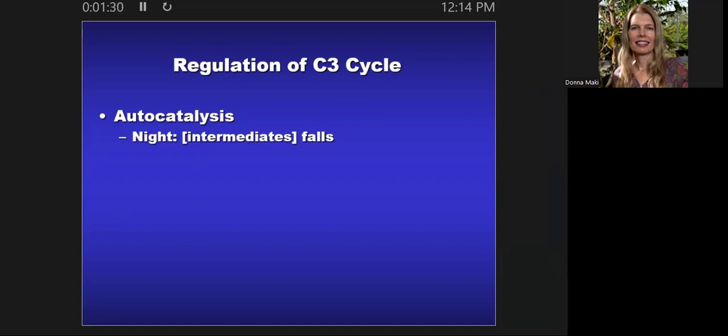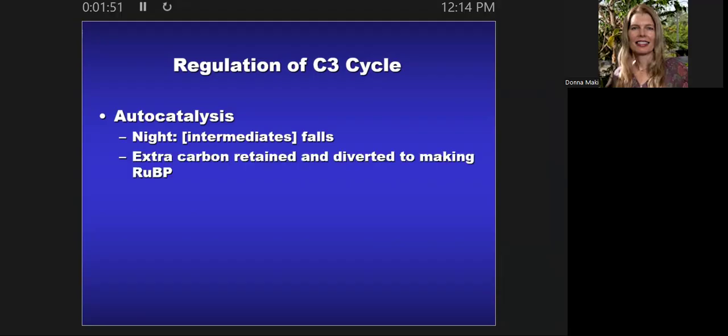Well, then you can imagine, especially RuBP, the concentration of it is going to start to go down. So then when the sun comes up, there could be too little RuBP for the plant to be really efficient, at least at sunrise.